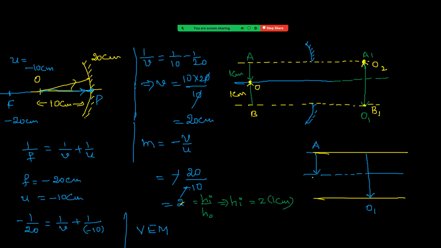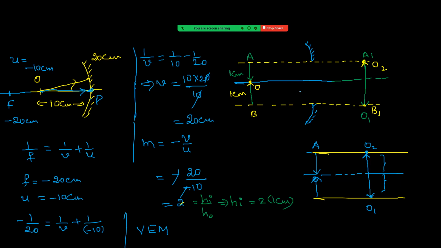This is A and this is O. Image of O is here, size 2 times. At the same location, we get the image of O because of the lower one. That I'm taking as O2 because it is now above the principal axis. That means between these 2 points, separation is 1 plus 1, it is 2. That means between those two images, separation is equal to 2 centimeter.